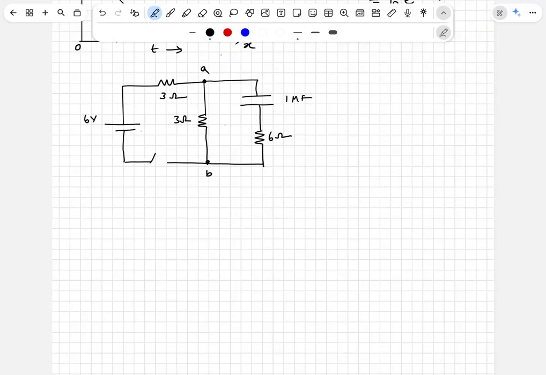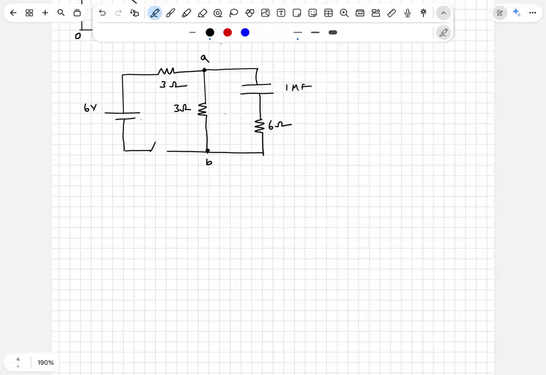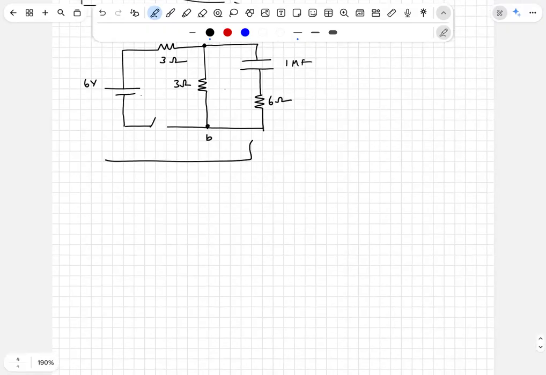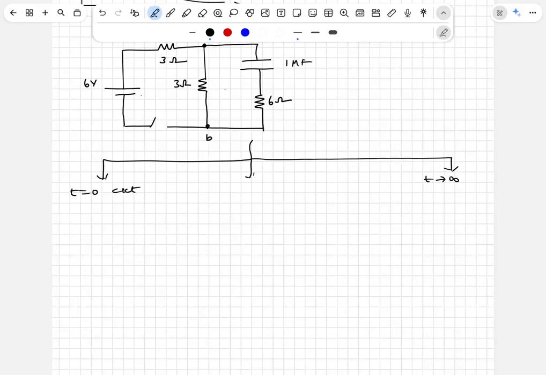But it's a lengthy process. You can solve this very simply. How? You need to study 3 stages: at t equal to 0 circuit, at t tends to infinity circuit, and at an instant t circuit.